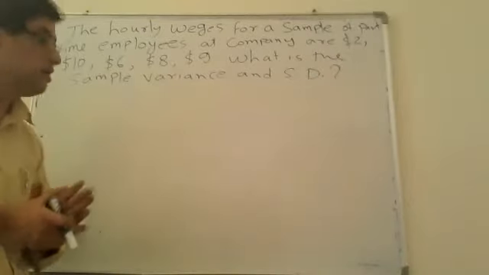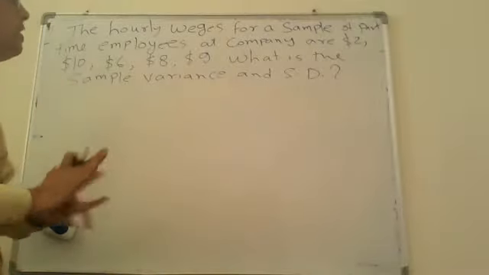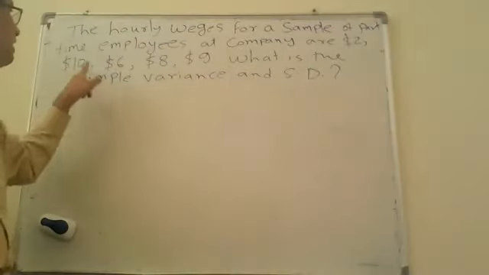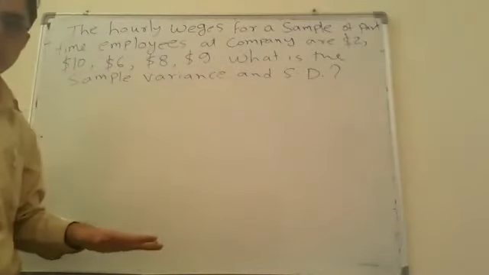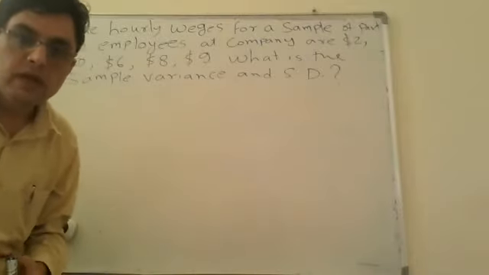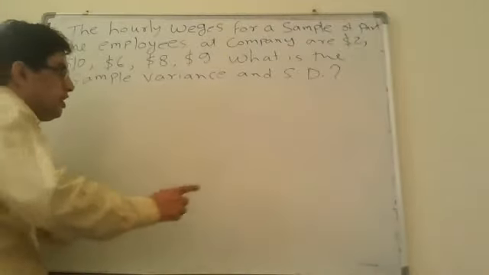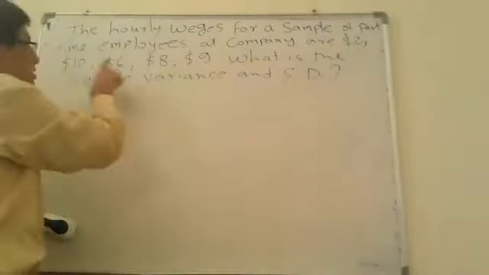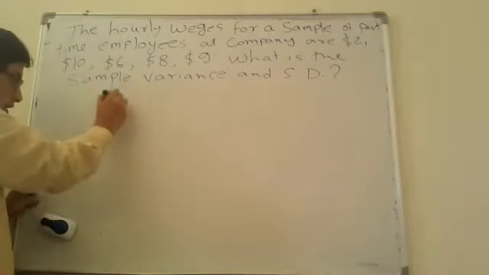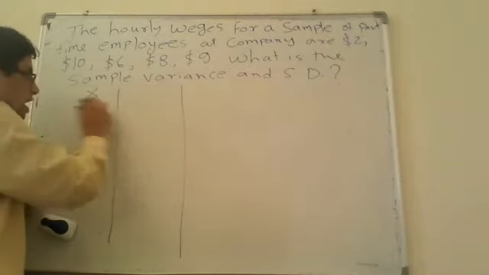Here it is clearly mentioned that you have been given a sample. You have to be careful about these values only: US dollars 2, 10, 6, 8, and 9. The remaining is no problem. So let's find the sample standard deviation for this. We need only two columns, x and x square.